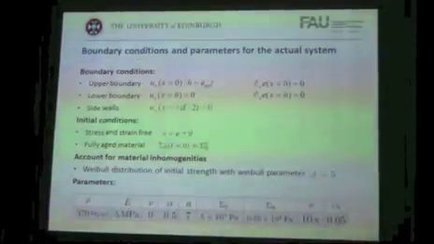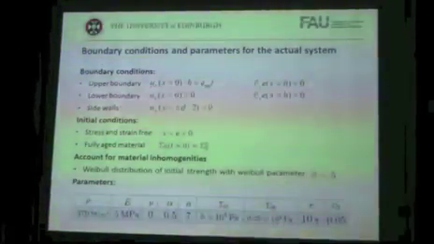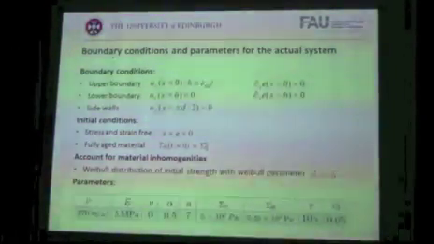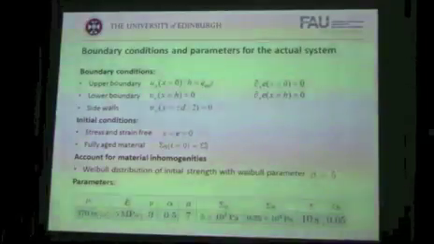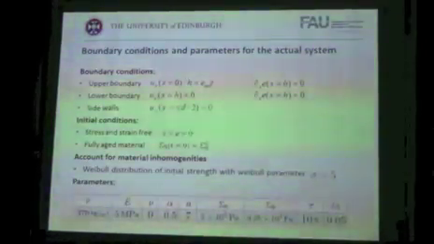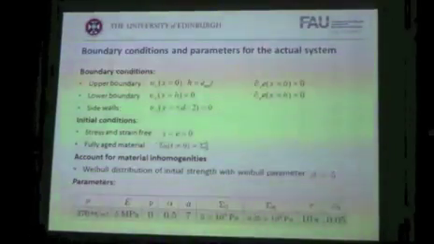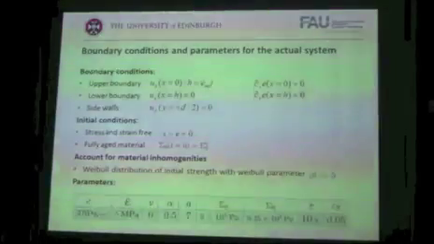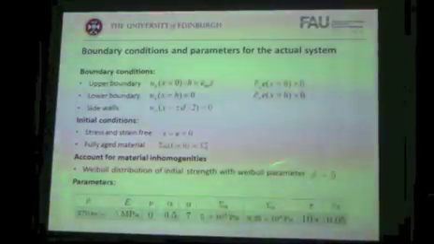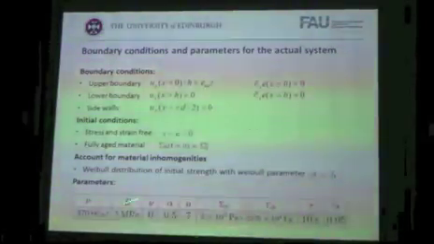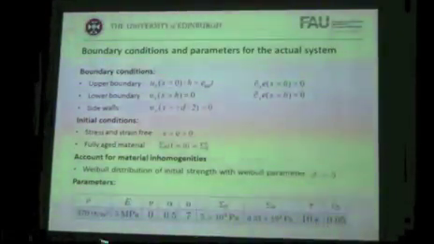And of course, the initial conditions are a stress-free and a strain-free state, and we consider a fully aged material, so more or less the perfect material. To account for material inhomogeneities, which we definitely have in snow, we made a Weibull distribution of the initial strength, sigma, with the Weibull parameter beta equals 5. So these are the remaining parameters for the system.